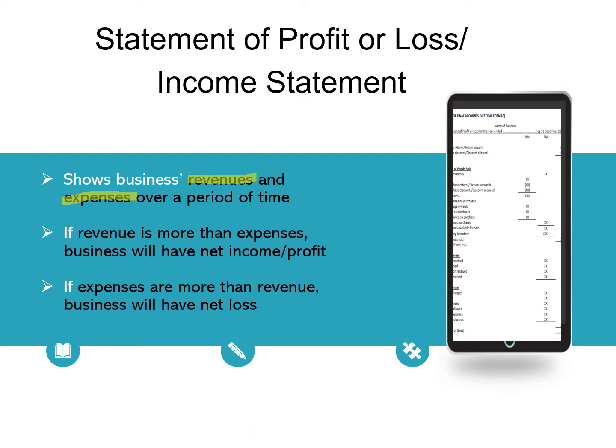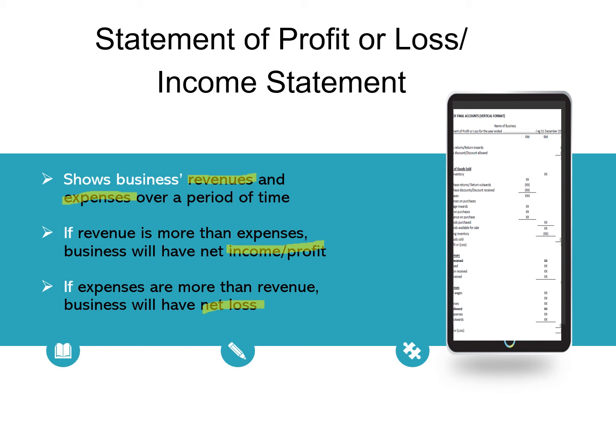All income and expenses pertaining to the purchase and sales of goods, as an example, are recorded in the statement of profit or loss. The purpose of listing the revenue and expenses of a business is to calculate whether the business will have a net profit or net loss.